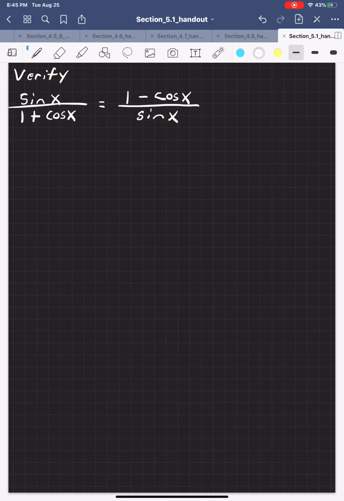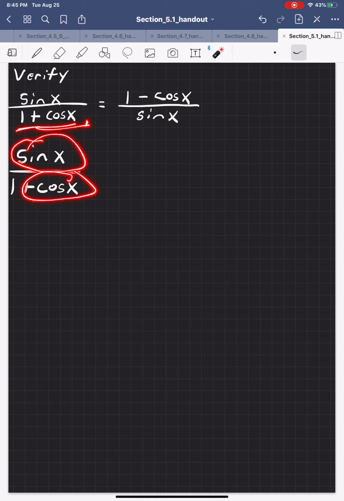So let me start with what I have. Right now I have sine of x over 1 plus cosine of x. And let's think back to some of our strategies. So we've chosen the more complicated side. Everything is already in terms of sines and cosines, so we don't have that step to do.